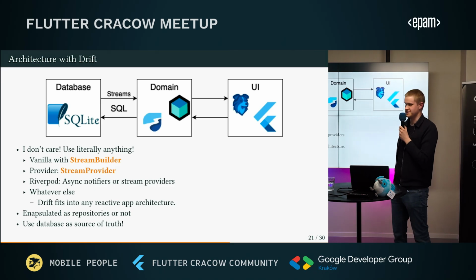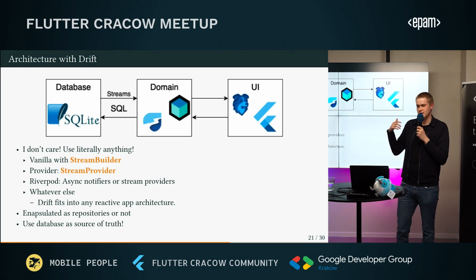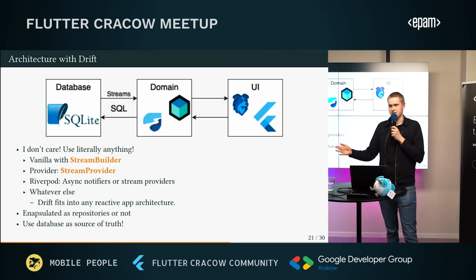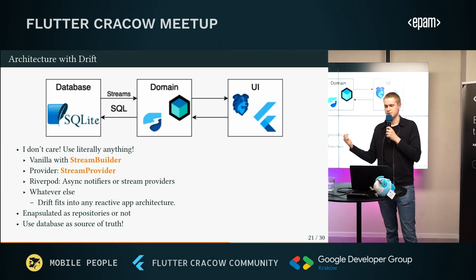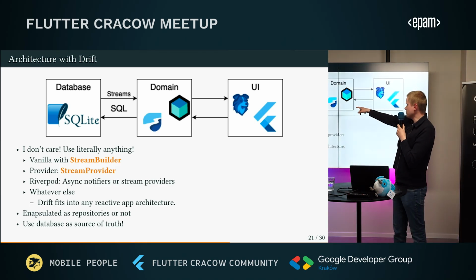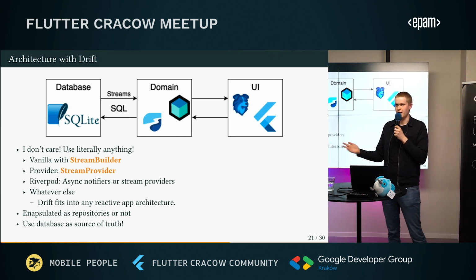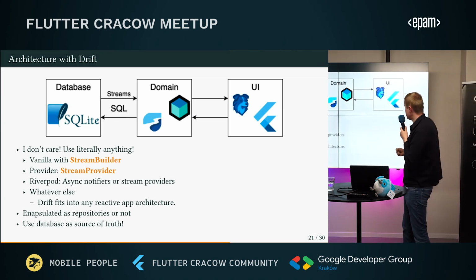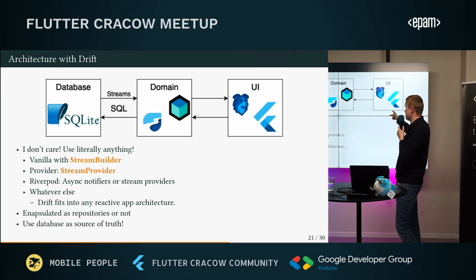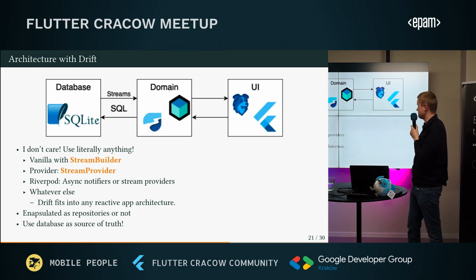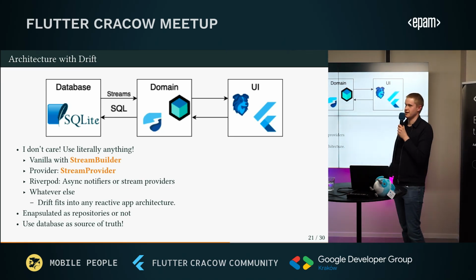Use literally any state management solution you like, because if you have one in your Dart app, it's probably going to be reactive, which means you can plug streams into that. Drift works by providing you with a stream of updates or a stream of query results, and how you display those is not my problem. You can use stream builders in Flutter, or whatever the Jaspr equivalent is if you're using Jaspr. You can introduce a domain layer in the middle of it, right?